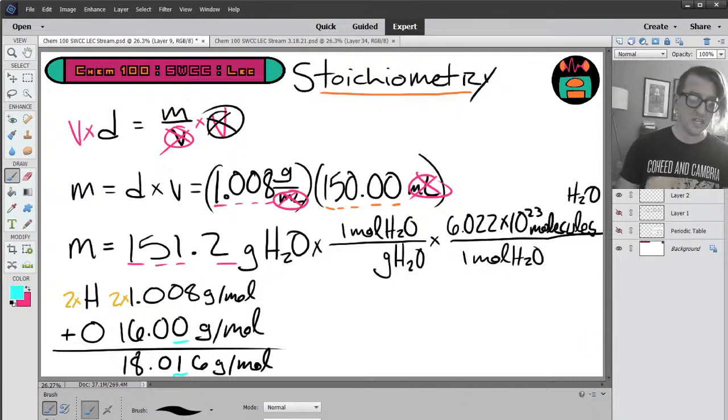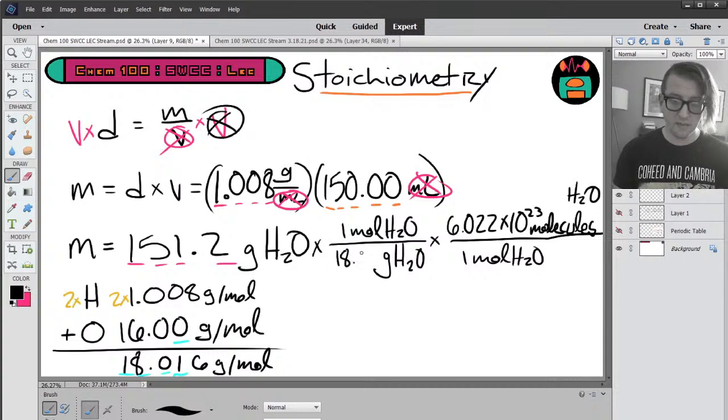We have to round. Our last significant digit has to be in the second decimal place, because 16.00 has its last sig fig in the second decimal place. So I'm going to wait to round to the end of the problem, but I'm going to remind myself that this number, 18.01, only has 4 sig figs.